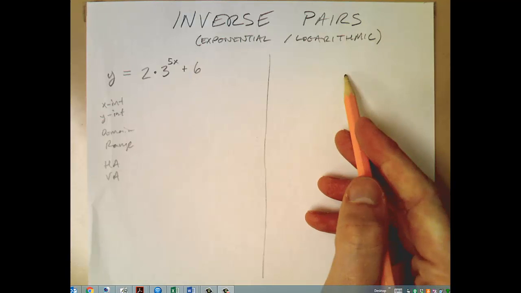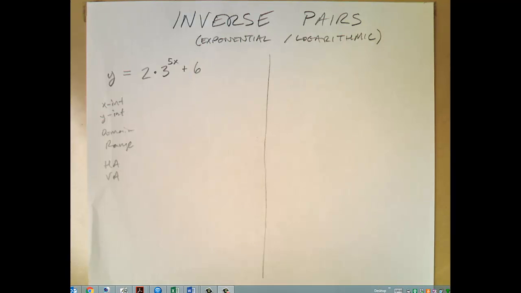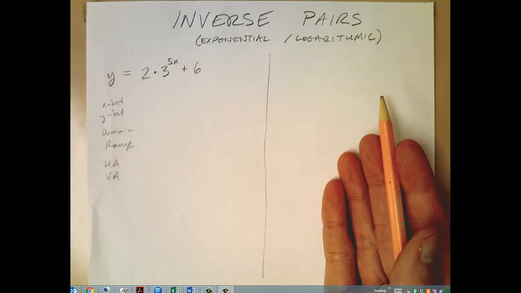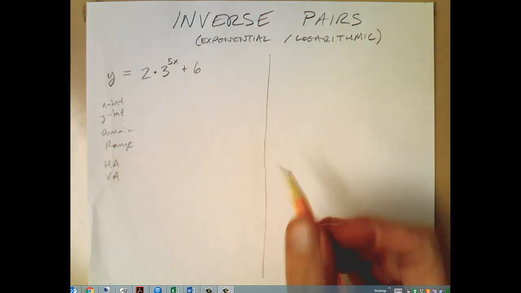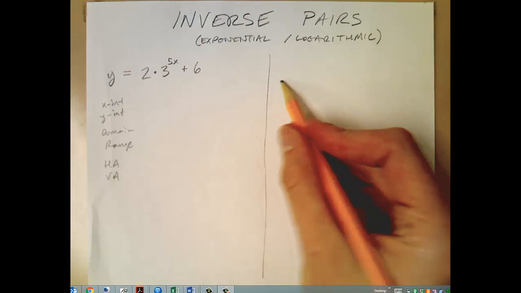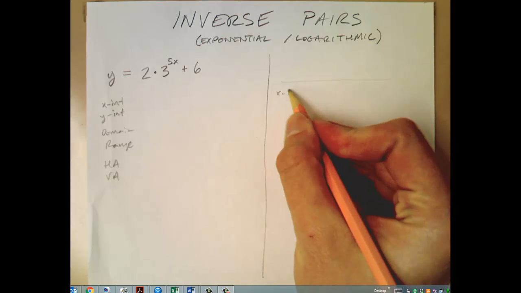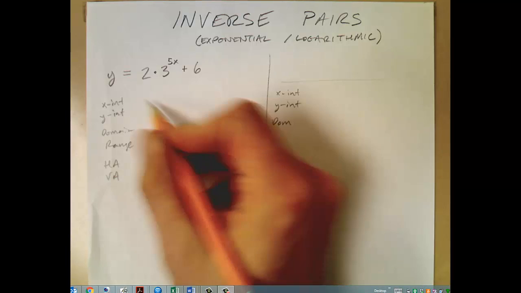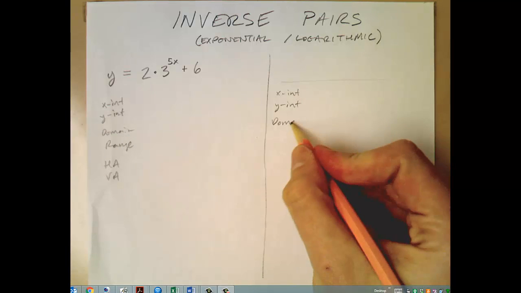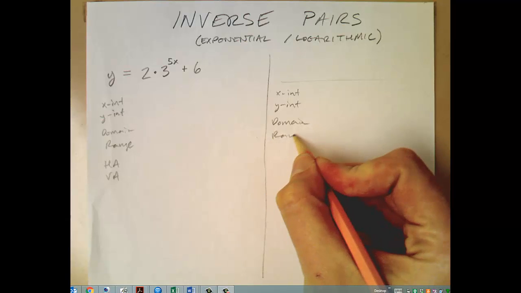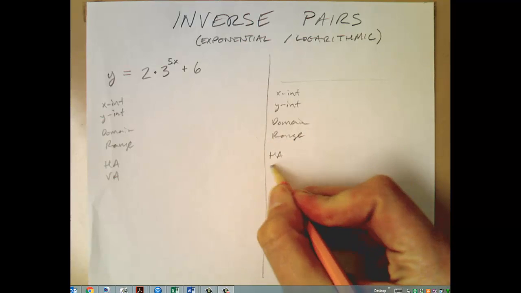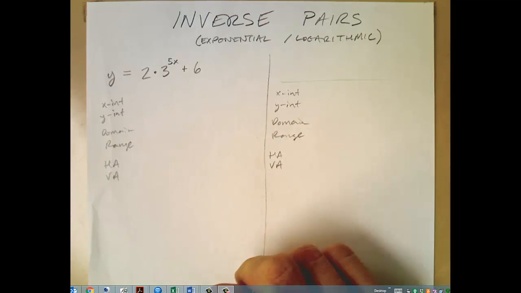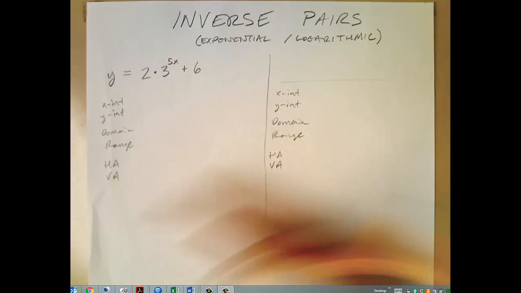And as we know, there's symmetry here with the original function and its inverse. So whatever this thing is, we also want to know all these things. And instead of just answering all this and then transferring it over, it's usually easier to start with knowing both function equations and then going from there. So let's figure that out.